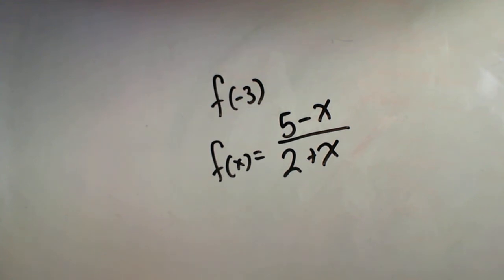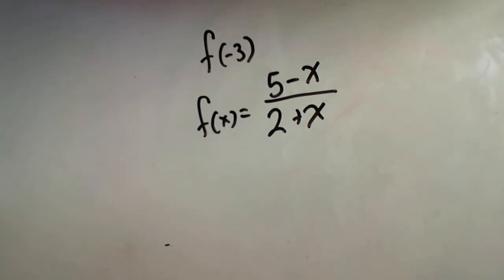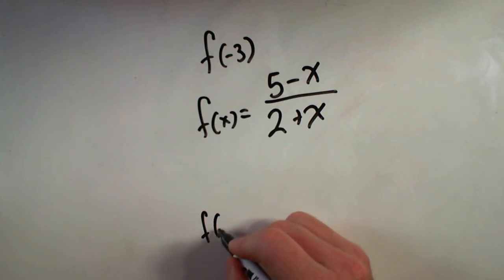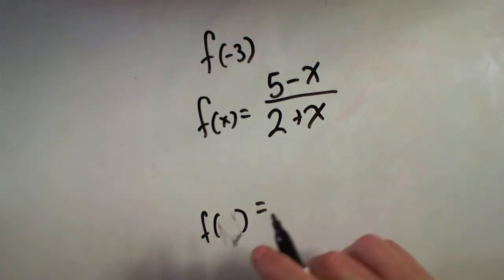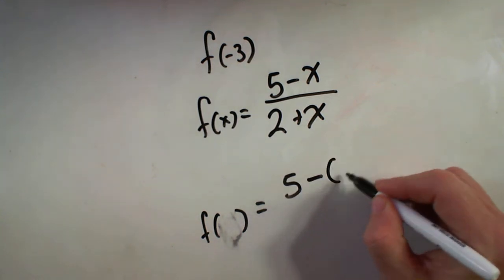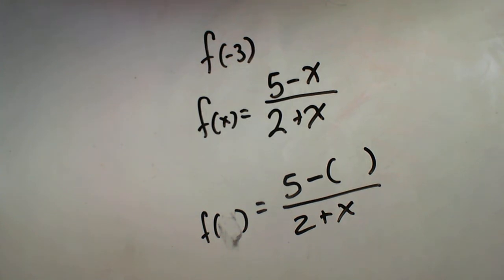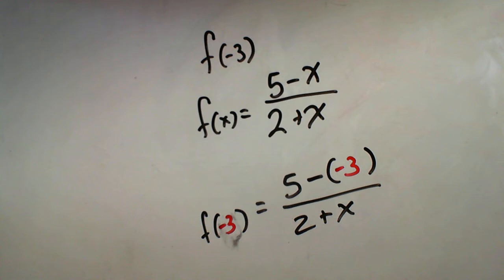F of -3, f of x equals 5 minus x over 2 plus x. Always be wary of your negative signs. One of the most common mistakes that people make when doing math in general is dropping negatives. So we've got f of negative 3 equals 5 minus, I'm going to put my negative 3 there, over 2 plus x. So f of negative 3, I put a negative 3 there.